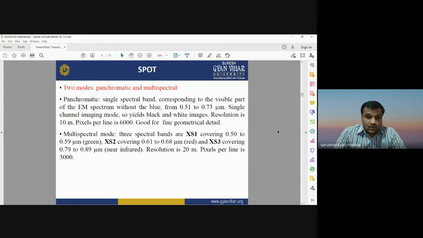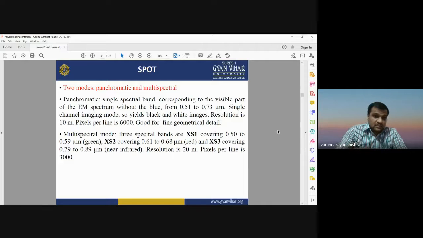The sensors mounted on the SPOT satellite work in two different modes: panchromatic mode as well as multispectral mode. In panchromatic mode, it captures images in a single spectral band corresponding to the visible part of the electromagnetic spectrum, ranging from 0.51 to 0.73 micrometer.